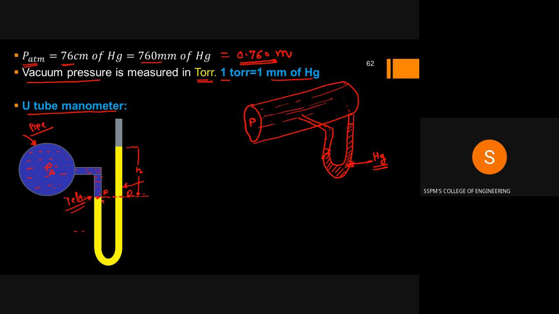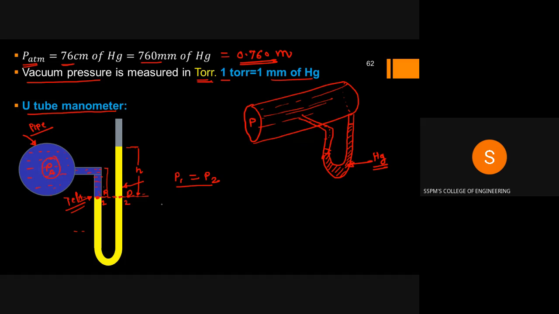I will select this point as 1 and take this point as 2. So P1 is equal to P2. P1 means the pressure at point 1 is because of this liquid plus the pressure inside the pipe.